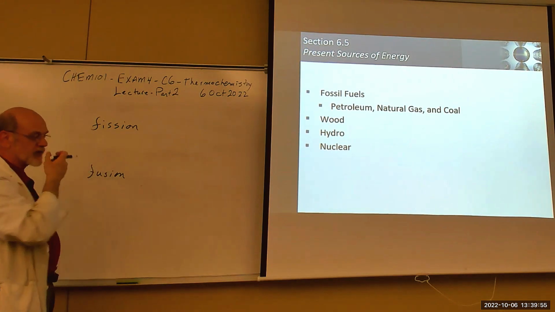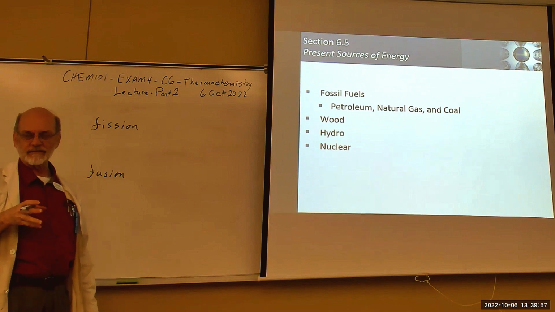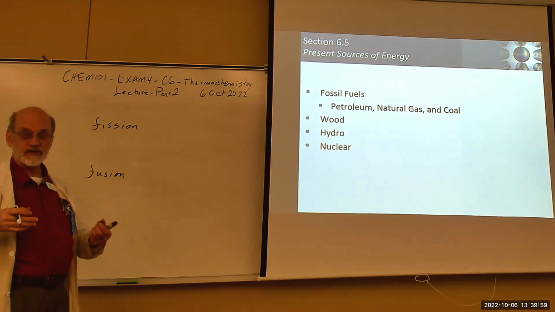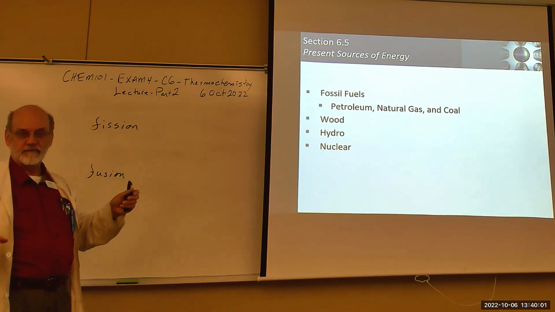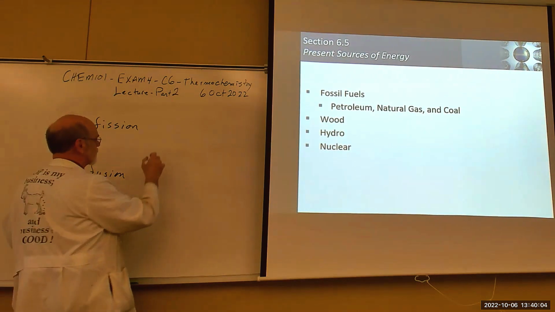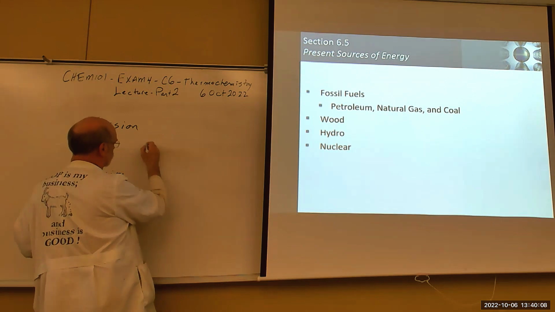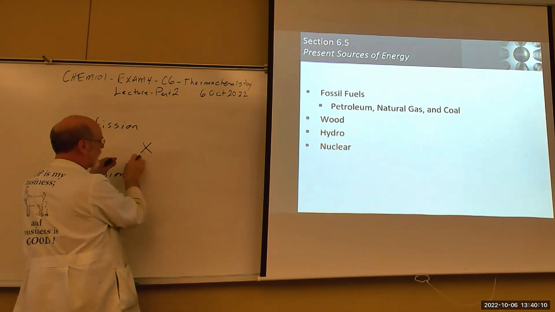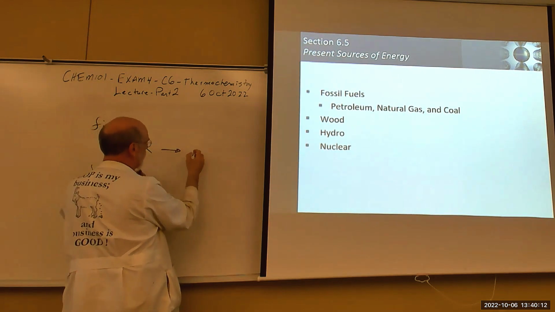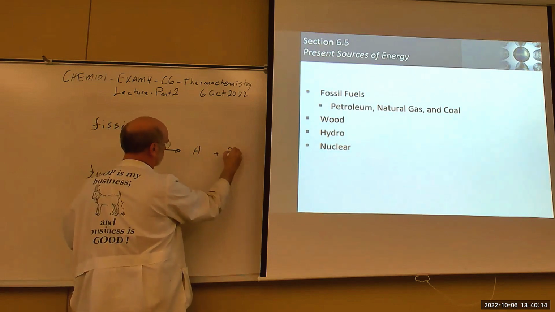Fission nuclear power, you take a heavy, unstable element in proper concentration and it splits. And when it does, you have one atom over here, and it yields two different atoms, say A and B.